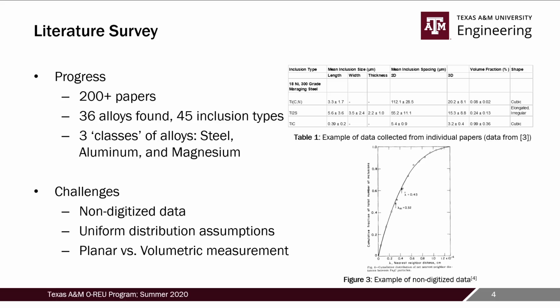Also, authors oftentimes do not actually measure inclusion spacing data, instead deriving a value using other parameters and models that make certain assumptions, such as the uniform distribution of particles. Furthermore, models show dramatic spacing differences when measured volumetrically, as opposed to using the cross-section of a sample and measuring it two-dimensionally. Thus, this has to be accounted for when collecting data.